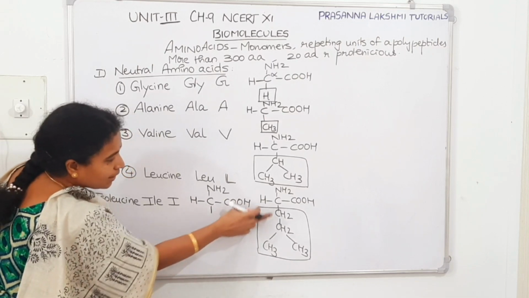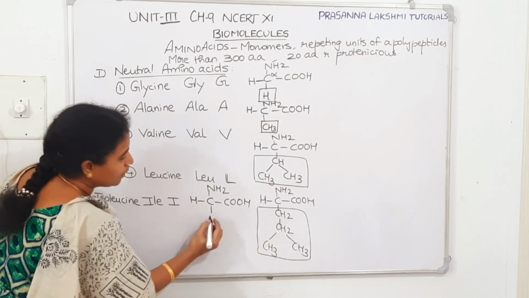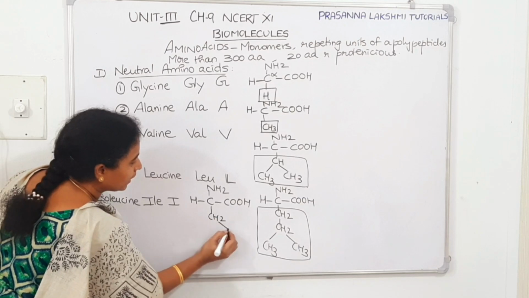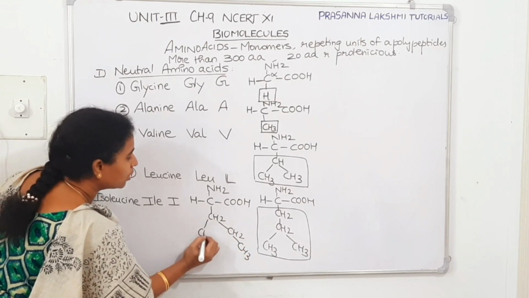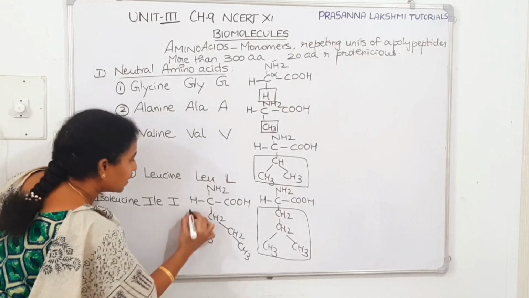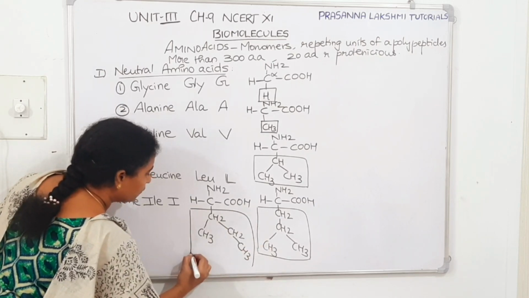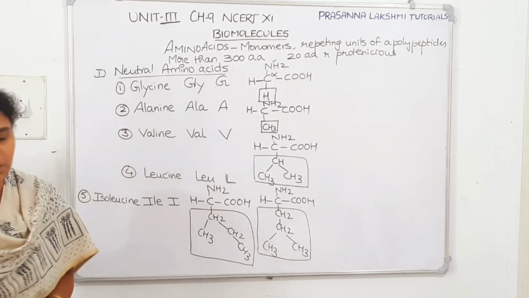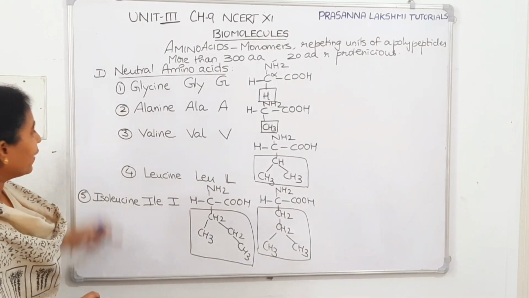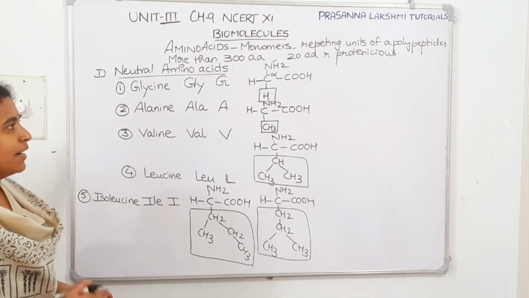Now, I told you to rearrange the carbons: 1, 2, 3, 4. What I will do is take one long branch with a short branch. Now, this becomes the structure of isoleucine. Okay. So these 1, 2, 3, 4, 5, we can categorize under neutral amino acids, right?